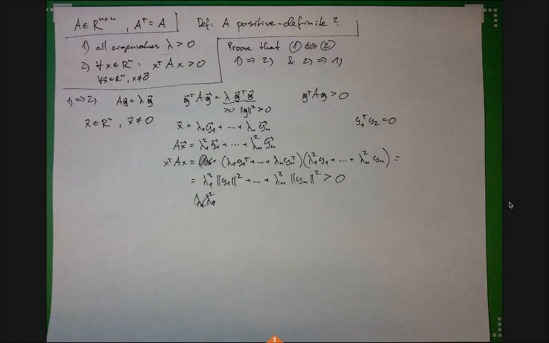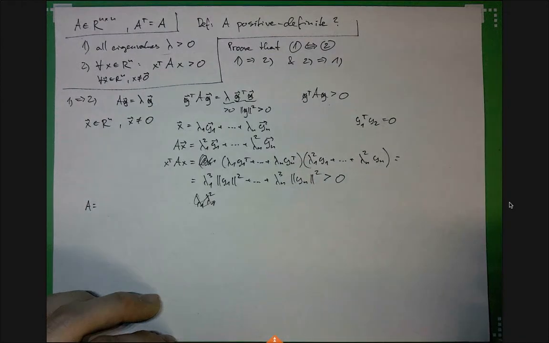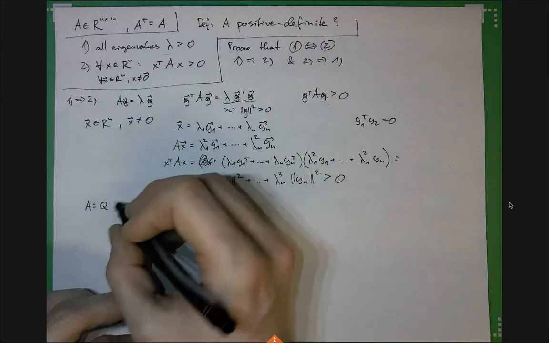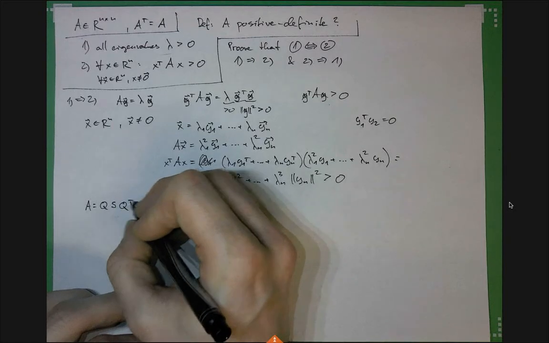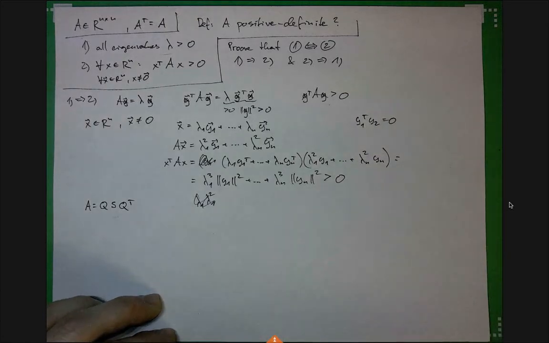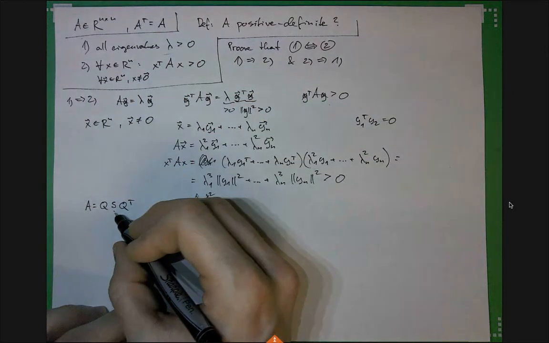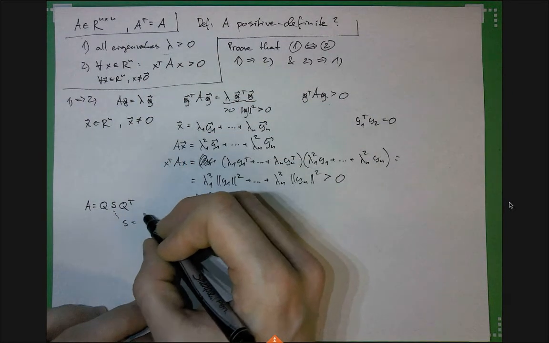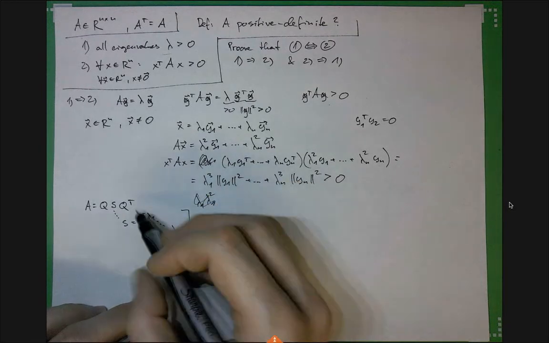Oh yeah, here is one way we could make the proof easier actually. We could recall the spectral theorem and factorize A this way, right? So then I know that the S is a diagonal matrix with lambda 1 to lambda n, and those all are positive, right?